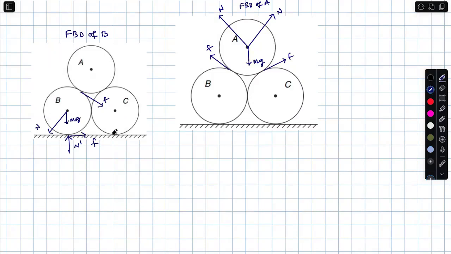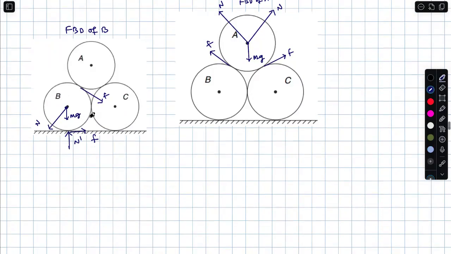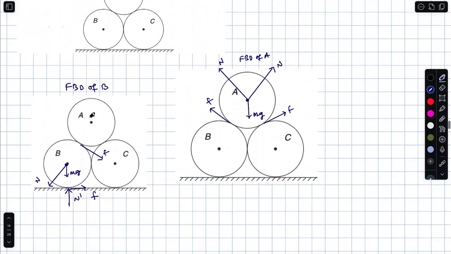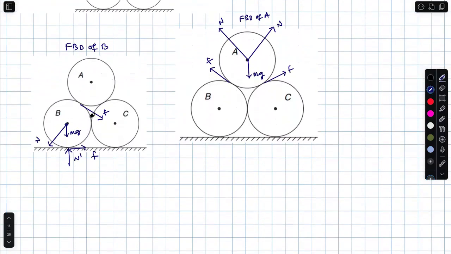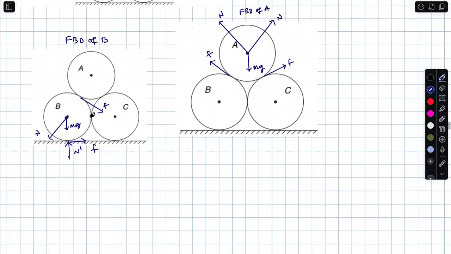And friction here. You may ask me, how do you know the friction is in this direction? Remember, this friction turns in clockwise sense. So this friction should turn it in anti-clockwise sense. Done. So I have drawn two free body diagrams for you. One is a free body diagram of A, the other is a free body diagram of B. Right. So very clear.